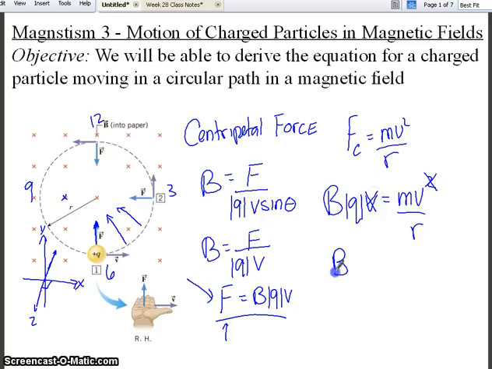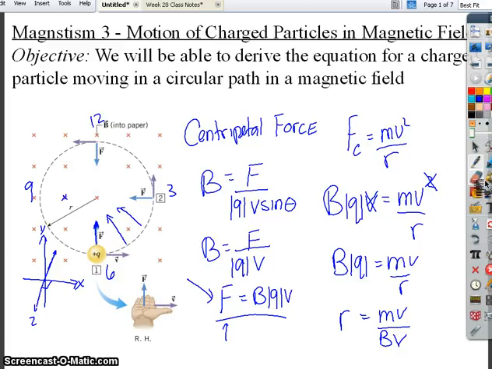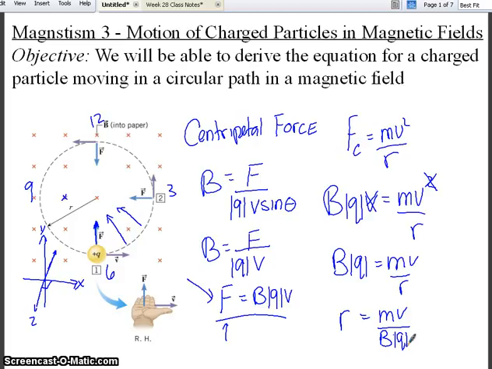So we're left with B Q equals mv over r. And it's typical to keep this in this format where we make r equal mv over B Q. So the radius of a charged particle in a magnetic field is equal to the mass times the velocity over the magnetic field and the charge.